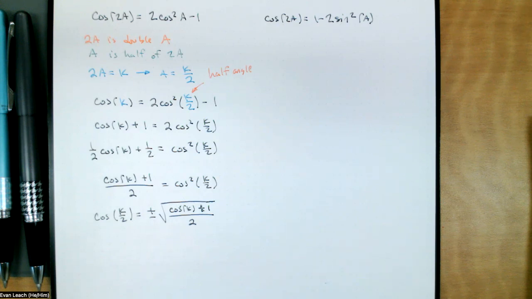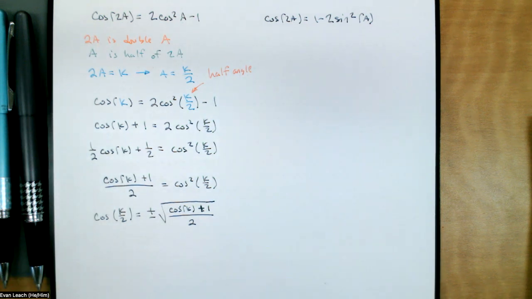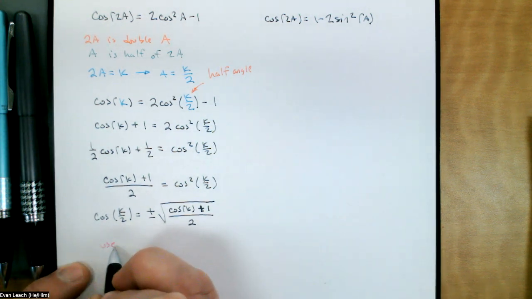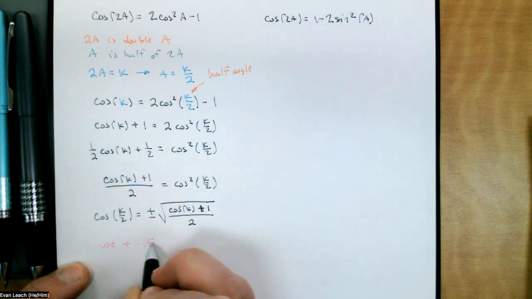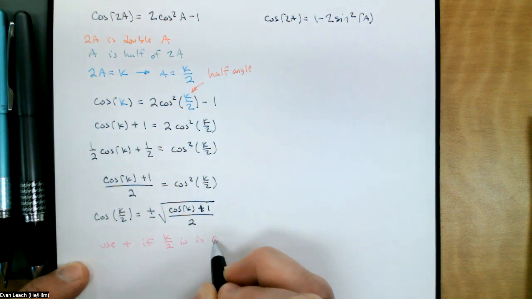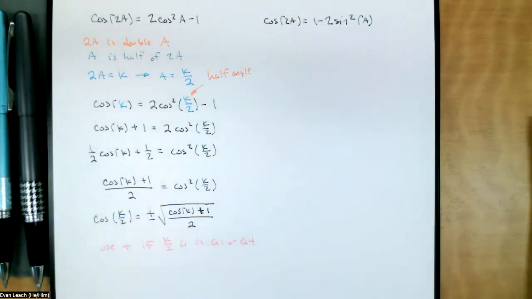Now the cosine of some angle can't be both values. So it's plus or minus depending on the quadrant that K over 2 is in. Use plus if the angle K over 2 is in quadrant 1 or quadrant 4, where cosine is positive.